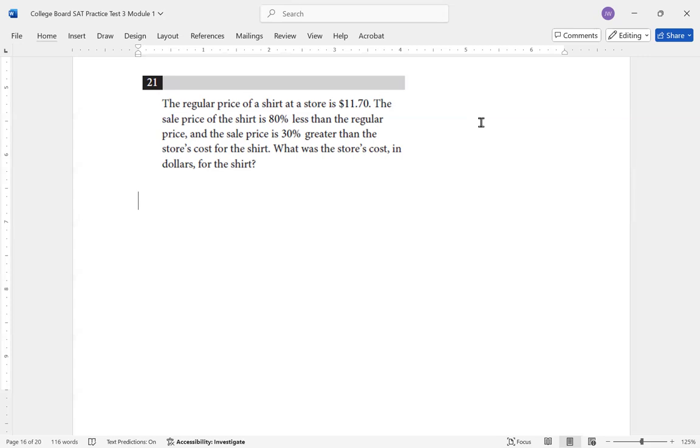So 80% less essentially means I'm going to take the full price of the shirt, which is going to be 100% of the price, and then I'm going to subtract 80%. So 80% less means that we're taking 20% of the regular price.